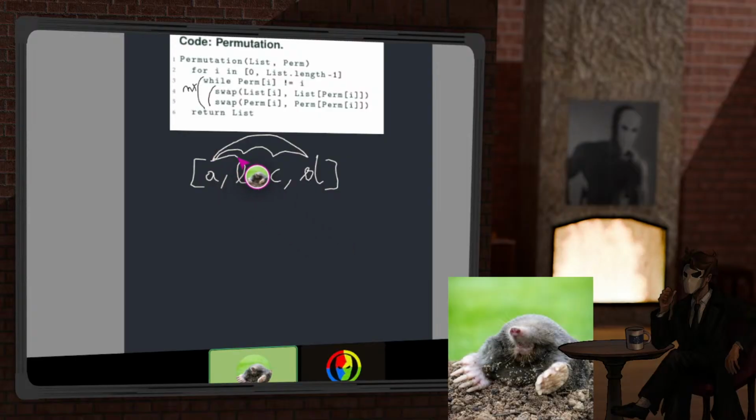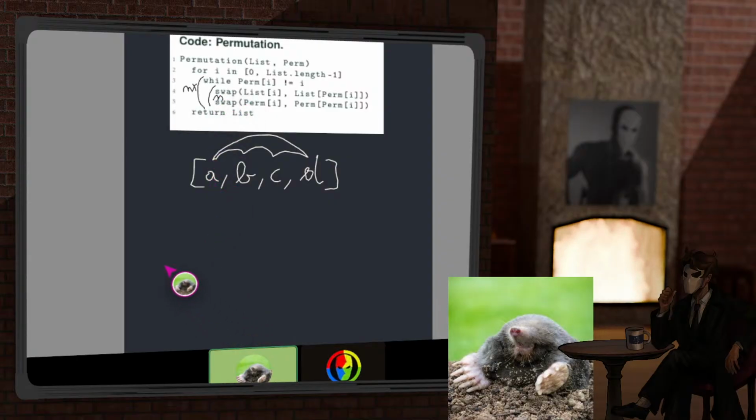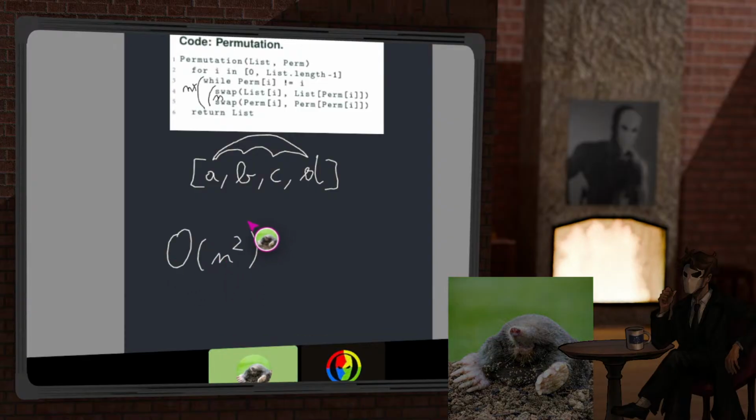Then it's going to swap the B to its place, the C to its place, and finally the D. So it would seem like, worst case scenario, the inner loop will also do n operations. So we have n times n. Seems like our function might be in O of n squared.